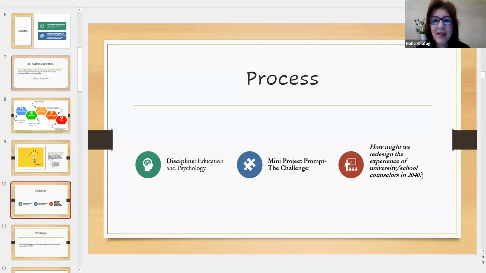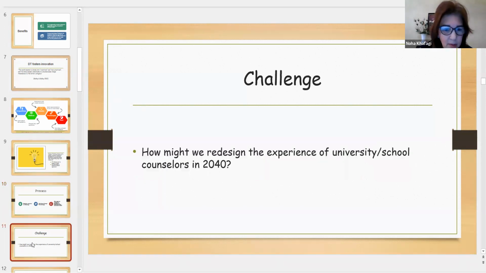So they're not talking about the present, they're talking about the future so that they can feel and understand that they are going to make a change in the future. Okay? So this is the challenge again. How might we redesign the experience of university school or university counselor in 2040?